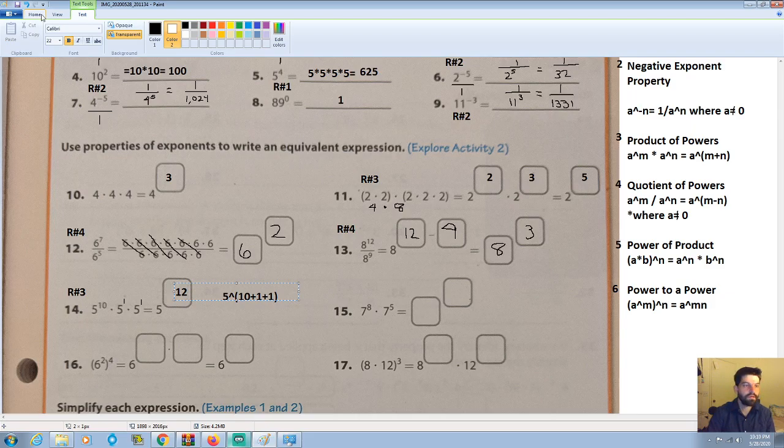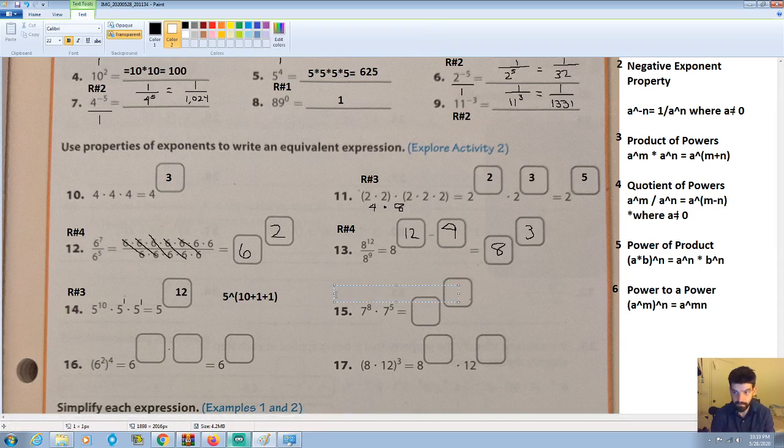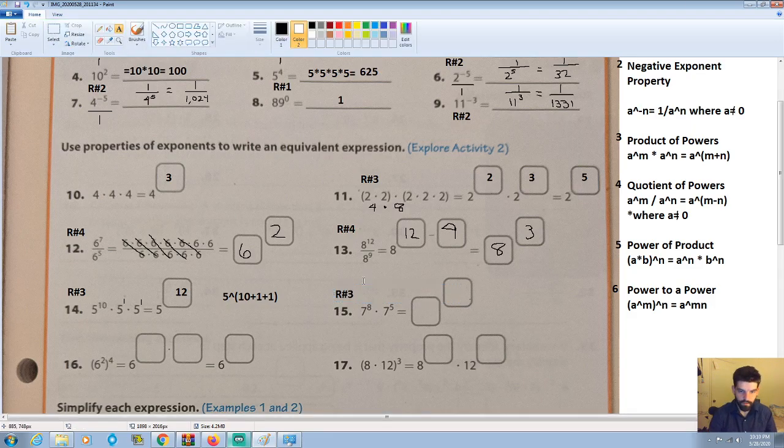Okay, and then number 15 here is going to be rule number 3. So we have rule number 3 here. So this is going to be a product of powers. So what we'll do is we have like bases, both taken to exponents, so we're going to add those exponents together. We're going to keep the same base.